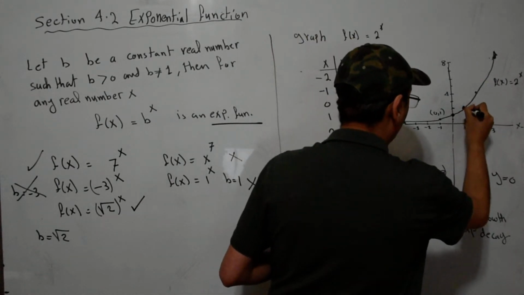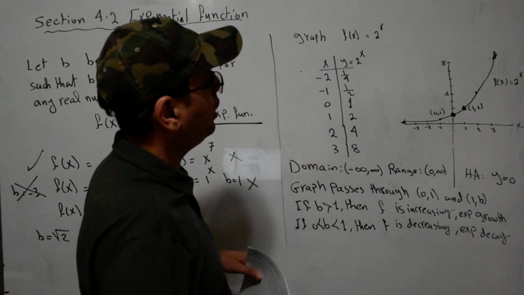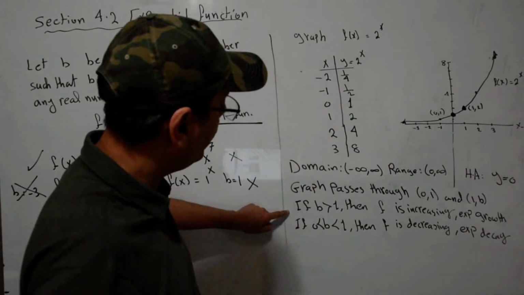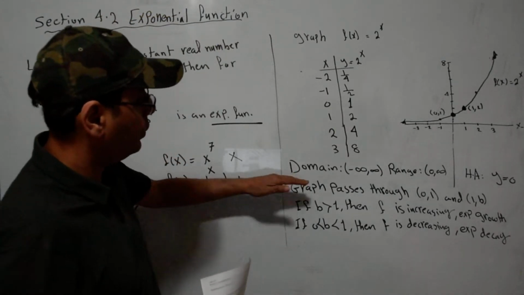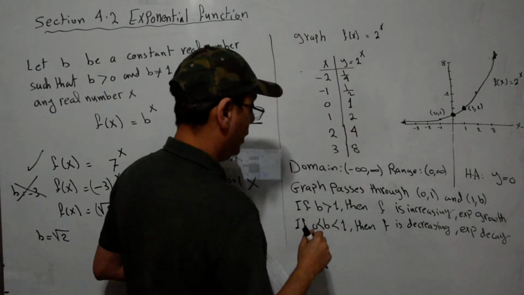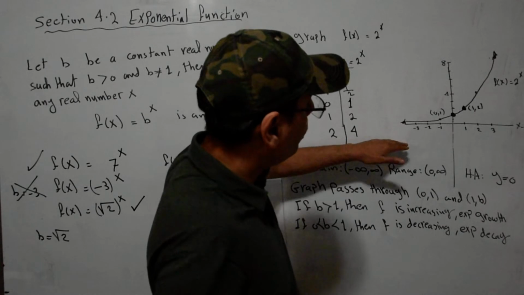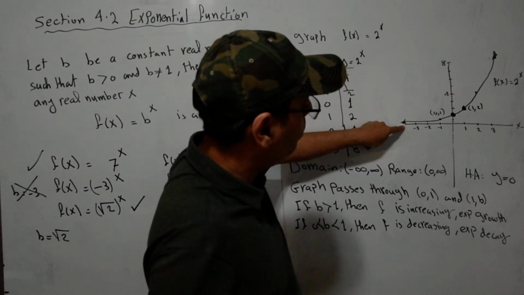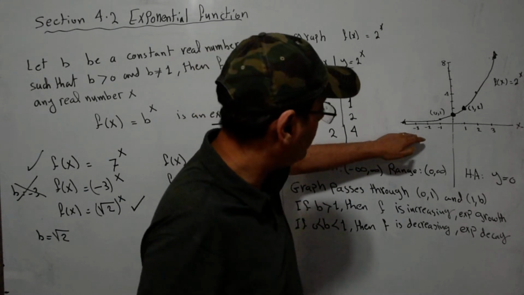I'm going to mark these two points, and then we find these properties of the exponential functions. First of all, the domain, the x-axis, goes from negative infinity to infinity. The range: the exponential function cannot go below 0, and also cannot touch 0.